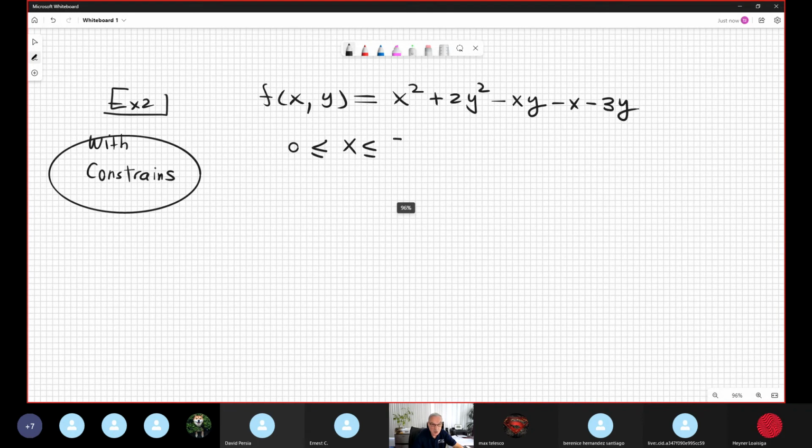So I don't want to optimize in all of R2, the XY plane. No, in one piece, in one portion. Because in real life, that portion, the constraints, is the interesting part. And the rest is stupid, it's a contradiction, right?